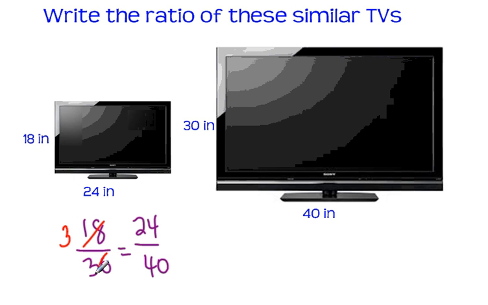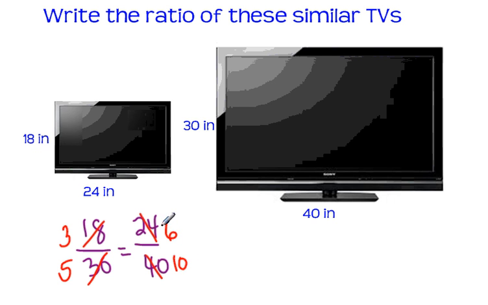That would give me 3 over 5. And let's see, I can reduce these. I can divide both of these by 6. Nope, I can't divide both of these by 6. What else? Maybe 4? Let's see, if I divide this by 4, I'm going to get 6 over 10. Oh, I can keep going.